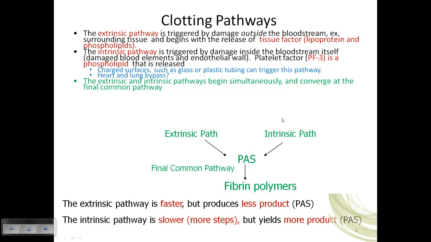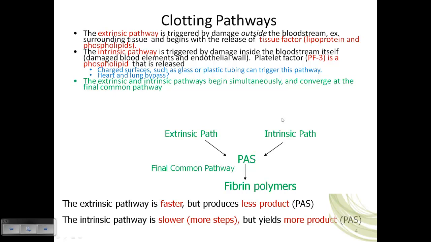You don't have just the extrinsic pathway or just the intrinsic pathway. The two will begin together. The extrinsic pathway is faster to begin, but develops less prothrombin activating substance, abbreviated here as PAS. That is the beginning of the final common pathway.